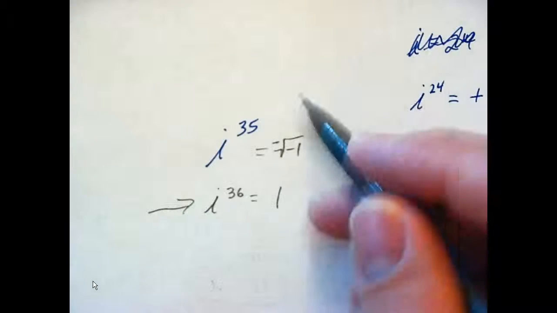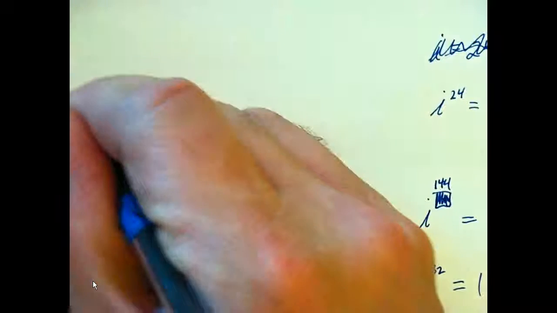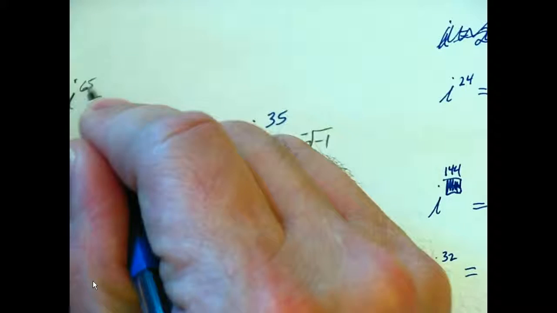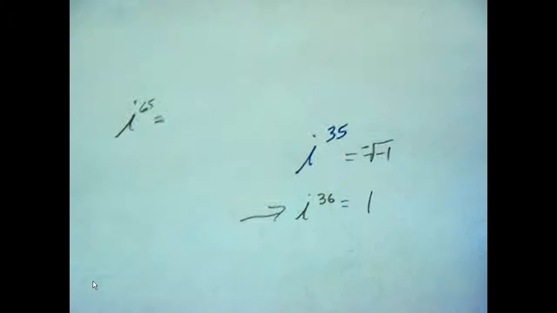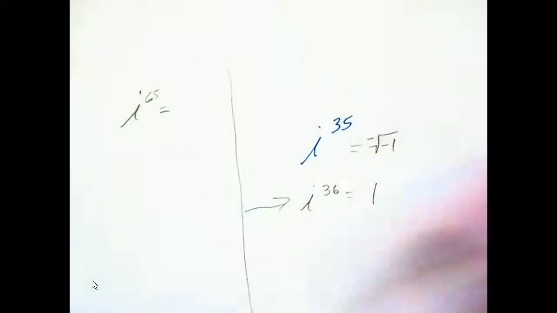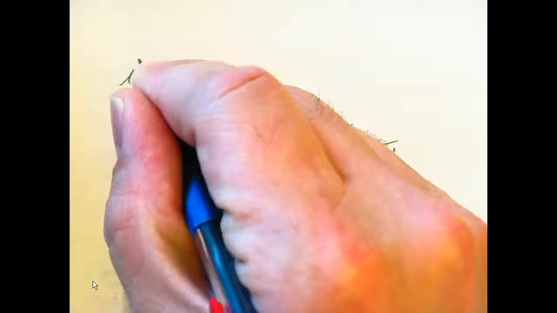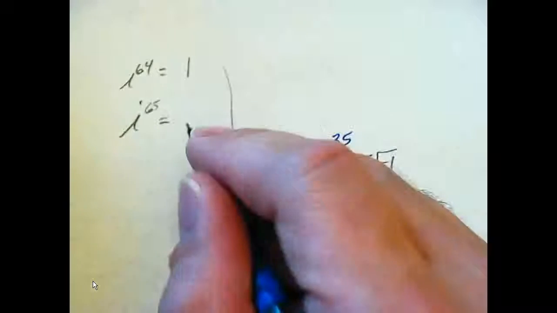So say if I were to say I to the 65th. Where is the closest multiple of 4? I to the 64th, which we know is 1.